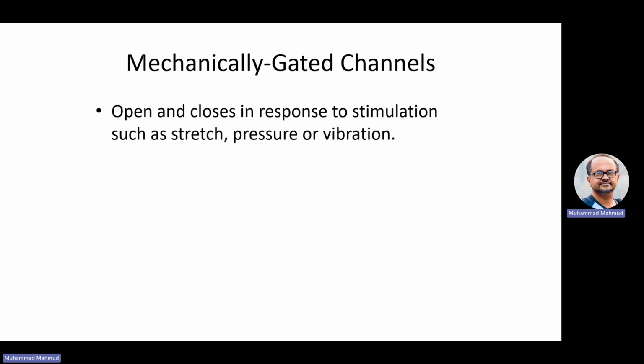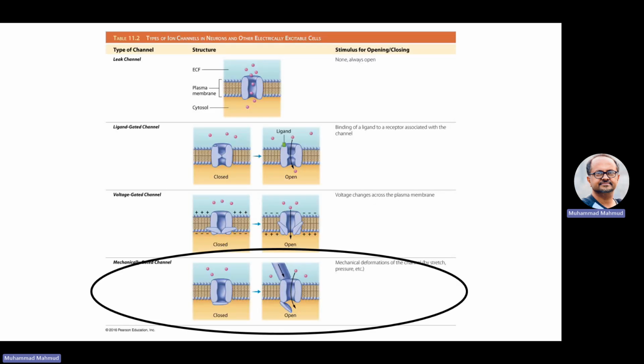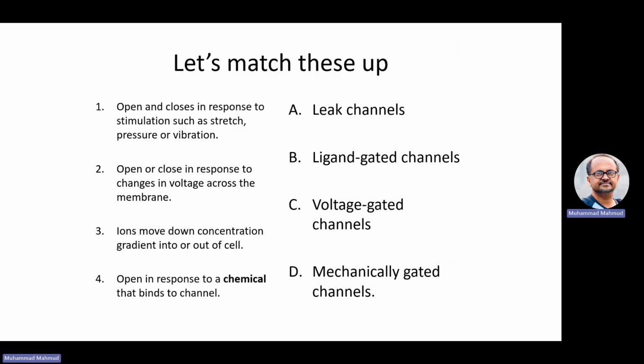The fourth and last type will be mechanically gated channels, which open and close in response to stimulation such as pressure, vibration, or stretch. You see in this picture, in the lower part, the gate is closed at first. The moment something touches it, which, as I mentioned, can be pressure, vibration, or a stretch, those gates will open.